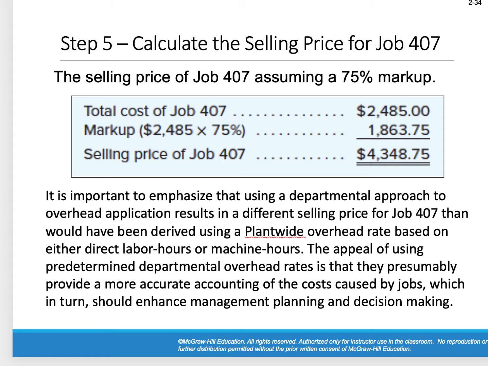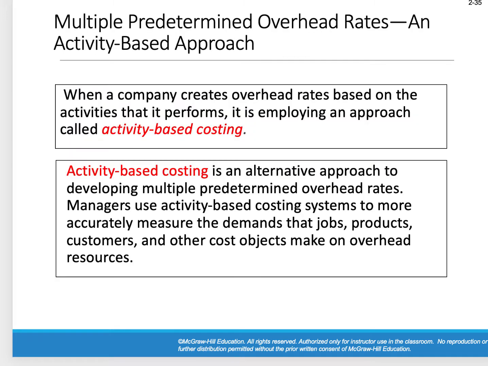This method allows us to get multiple predetermined overhead rates, and this allows us to get more accurate costs that the job causes. Okay, so this is better data. It's better to use multiple predetermined overhead rates, again, when you have multiple departments within the process, because that enables us to do better planning and hopefully at the end of the day make better decisions.